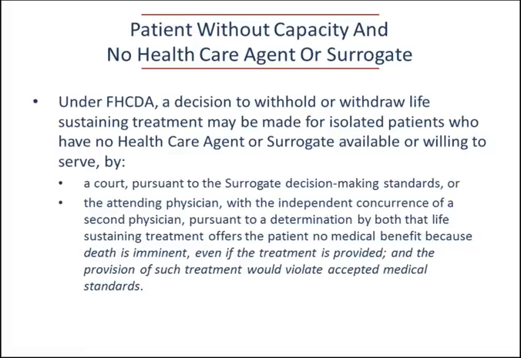And if you don't go to court, a decision about life-sustaining treatment can be made by an attending physician with the independent concurrence of a second physician, provided that both doctors determine that life-sustaining treatment offers the patient no medical benefit because death is imminent, even if the treatment is provided, and the provision of such treatment would violate accepted medical standards. That's a very high bar.